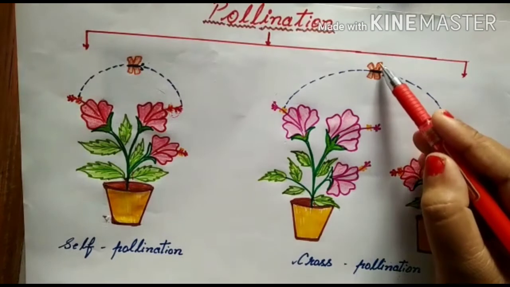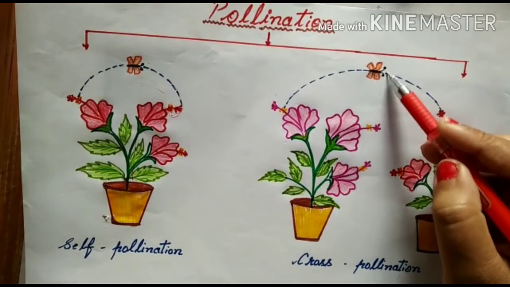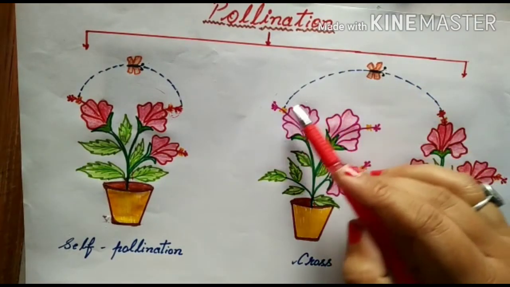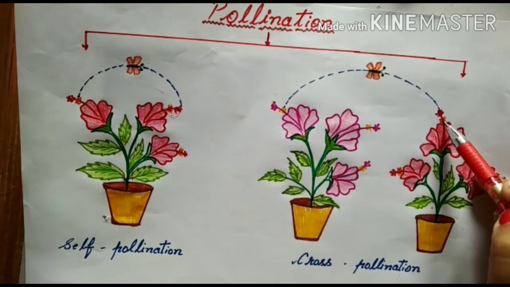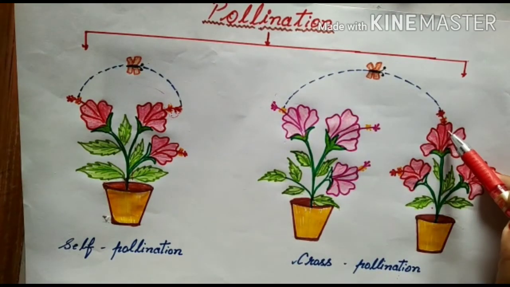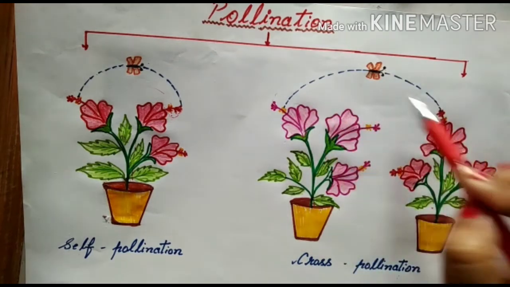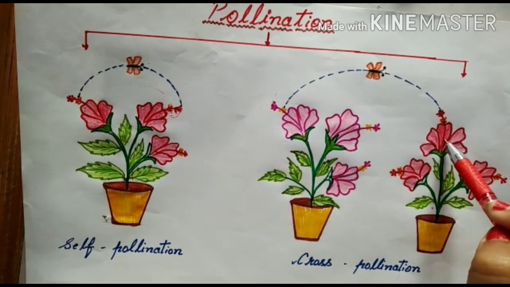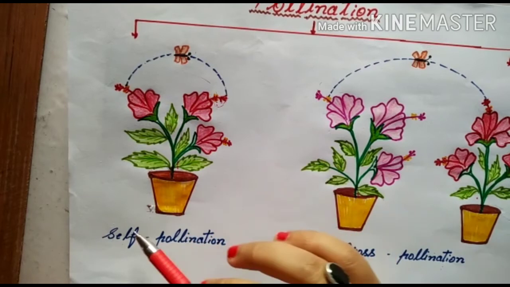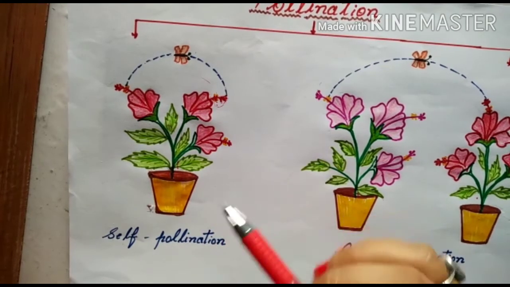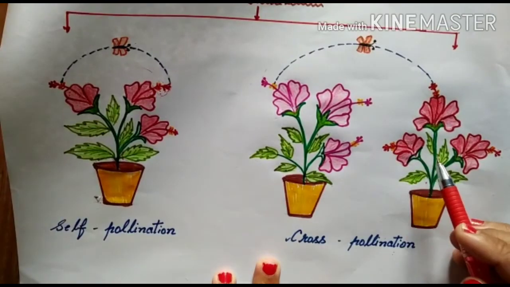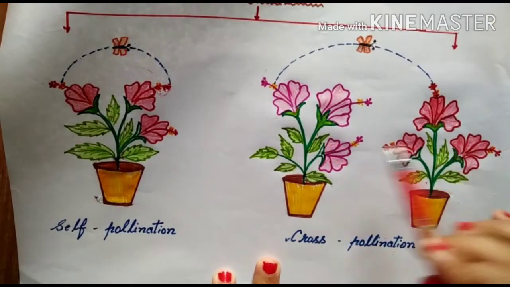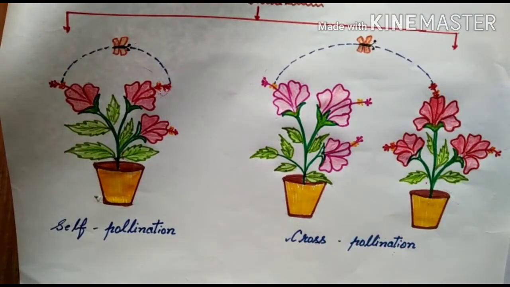In this you can see the agent of pollination is insect. So it transfers the pollen grains from anther to the stigma of another plant or flower. So it is called cross-pollination. Self-pollination occurs in the flower of the same plant, and cross-pollination occurs in the flowers of two different plants of the same species.